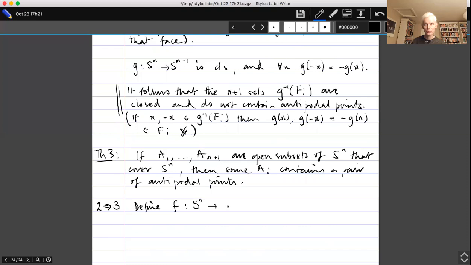So define f from Sn. Well, actually, first of all, it'll be more convenient to, for each i and for each x, define f_i of x to be the distance from x to the complement of A_i.